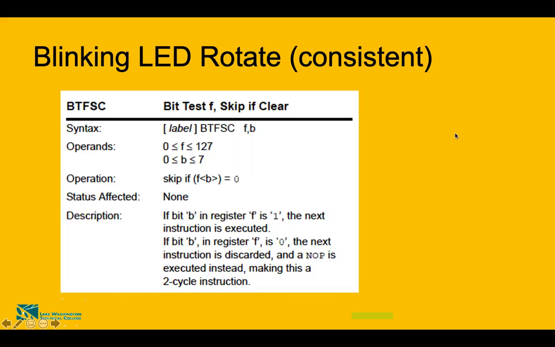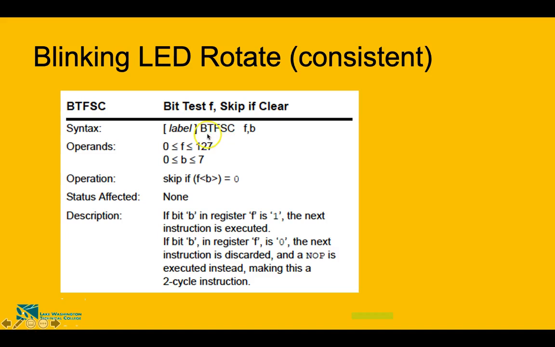The new instruction which we'll be using for the consistent LED rotate code is this new addition: bit test F, skip if clear. I have already covered this instruction in one of the instruction set summary lectures, and I'm going to quickly cover it again.